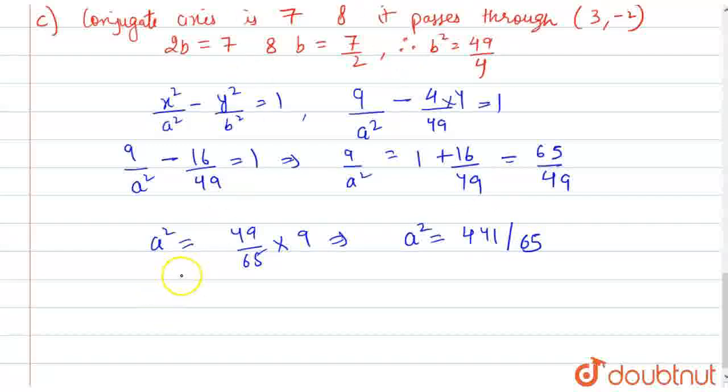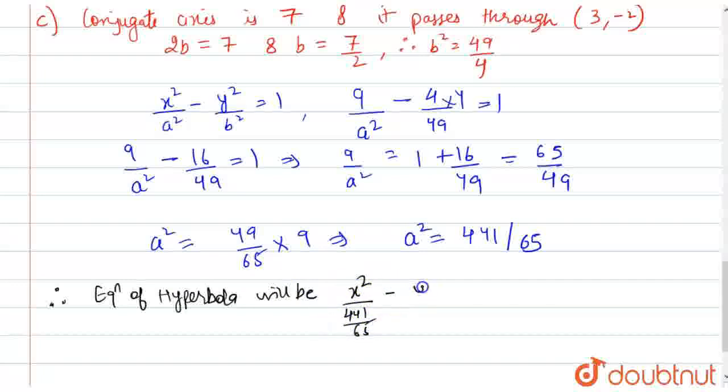So after this, the equation of the hyperbola will be x square divided by 441 divided by 65 minus y square divided by 49 divided by 4 will be equal to 1.